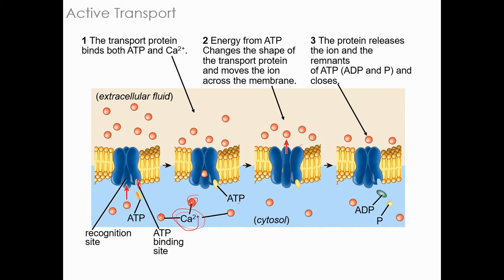After that, the protein releases the ion, so the ion has now been transported to the outside. The protein also releases the remnants of ATP. Because it has used the energy from the ATP, it is converted to ADP and phosphate. Then it releases the ADP and phosphate, and then it closes.